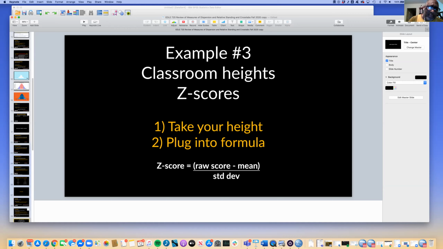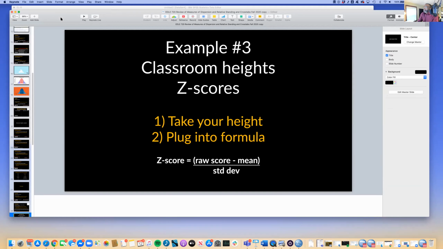Dr. Munn, explain that one more time. Sure. Okay. So you mean the equation? The equation, yes, or the analysis? Okay, yeah. So what you're going to do, the raw score is your height, okay? And so what you're going to do is take your height and subtract the mean, which is 68.5 inches. That's the average height in the class, okay? But once you get that number, you're going to divide it by the standard deviation, which I believe was 2.63.